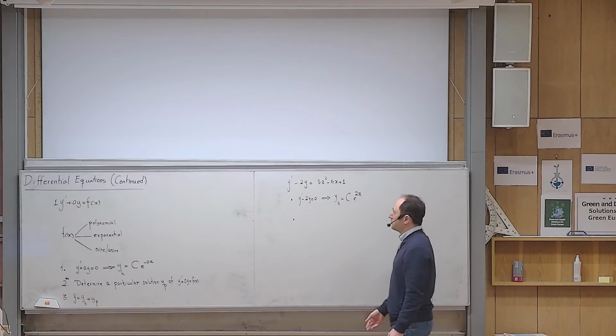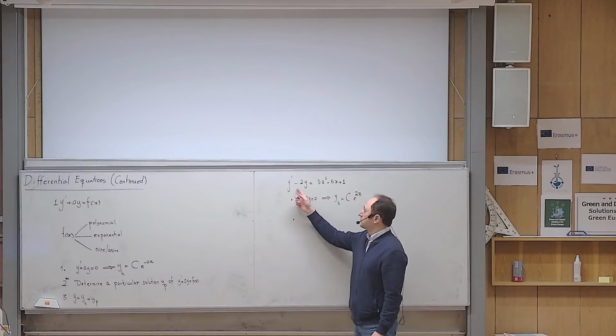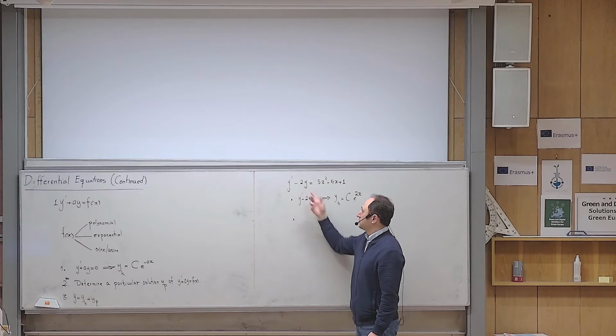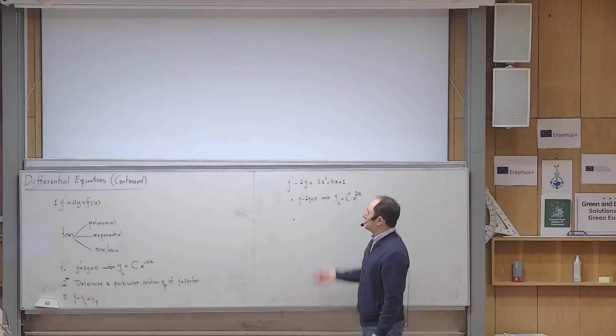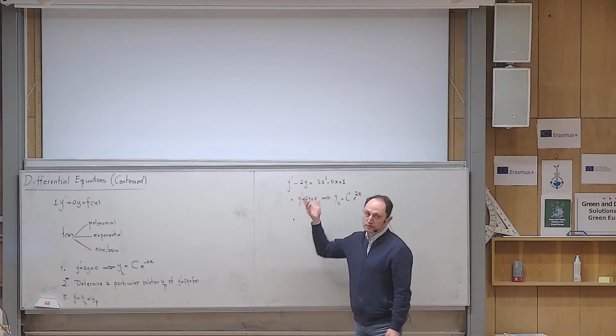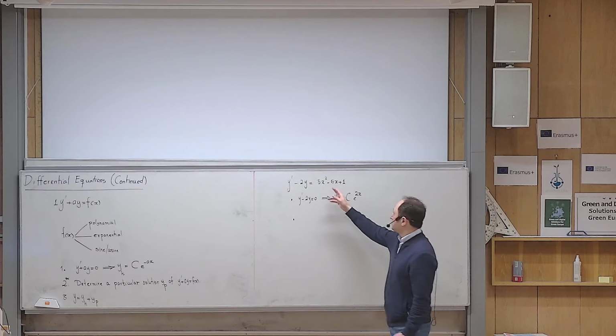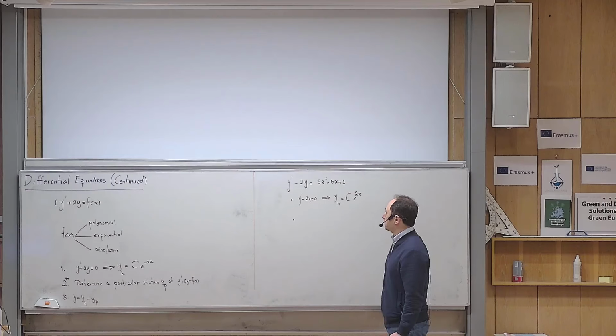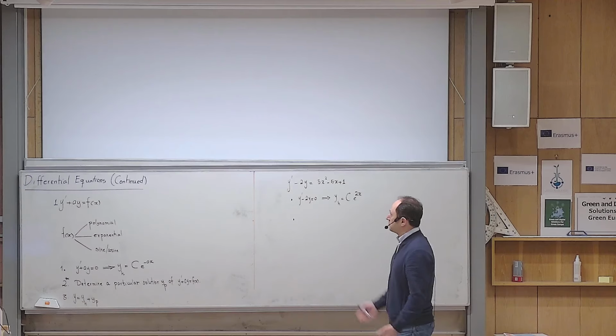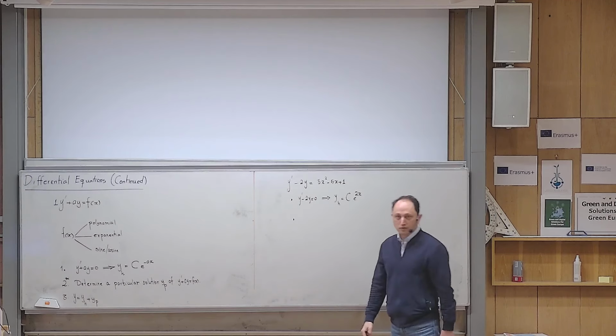So for example, there is no point in looking around in the toolbox of trigonometric functions. Because if y is a trigonometric function, this combination definitely becomes a trigonometric function, and it is not possible for it to become equal to a polynomial function. So by the same logic, what would be the best guess for y?